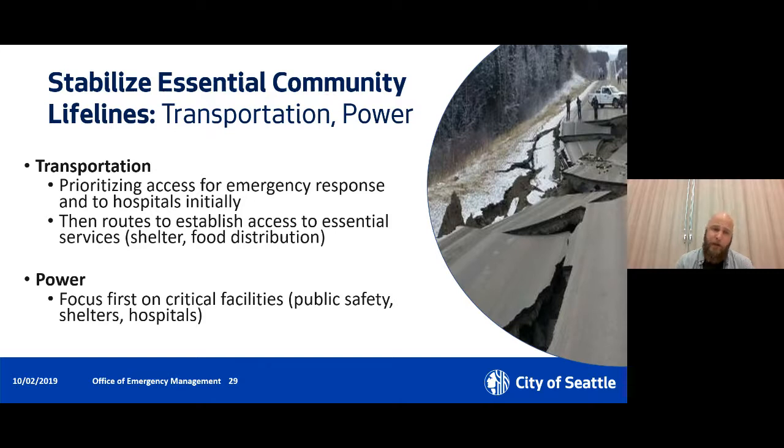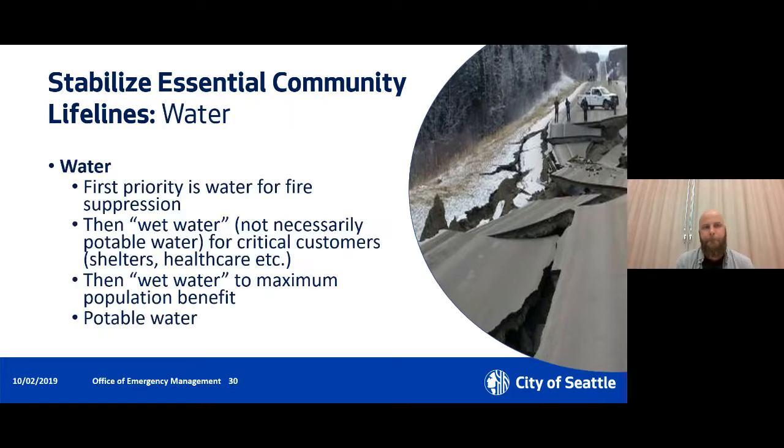Similarly with power, it's really focusing first on critical facilities. So shelters, hospitals, public safety facilities, that's where we're really going to be looking at reestablishing power. And then water, you'll see I use the term wet water. That's because that's what we have in documentation. We're talking about really potable water, so drinkable water.